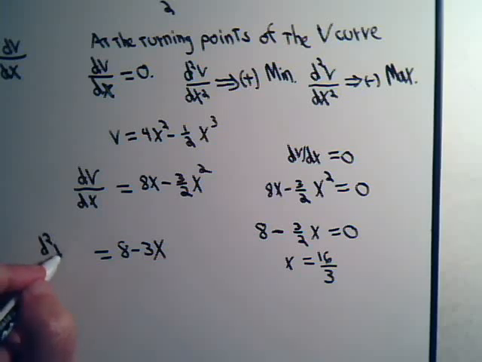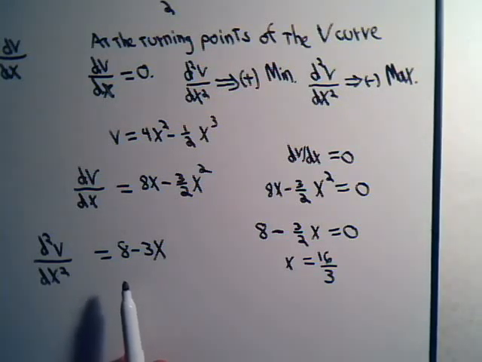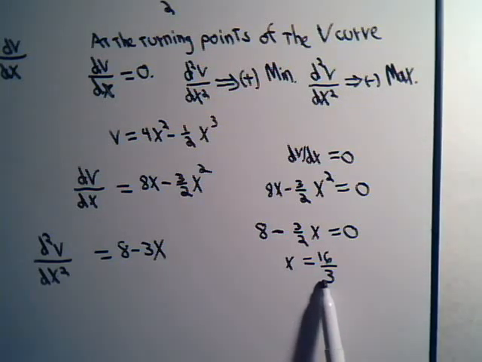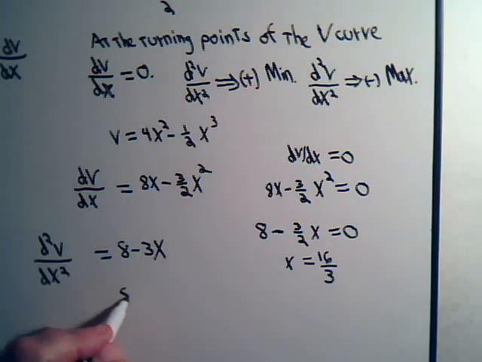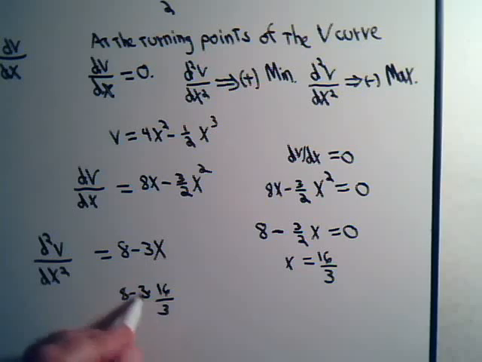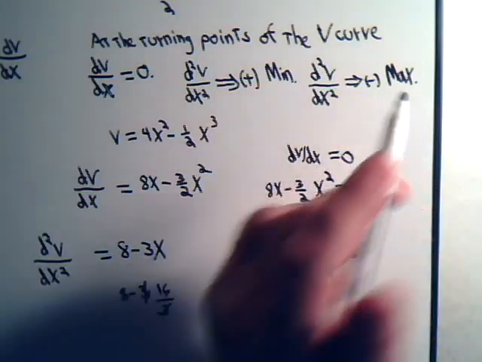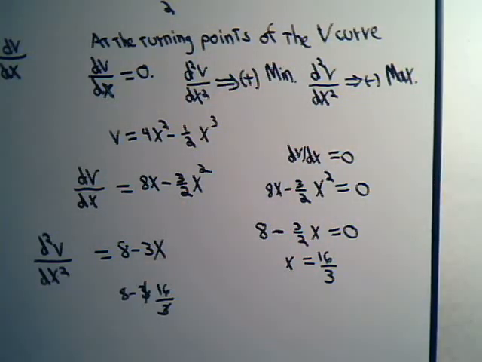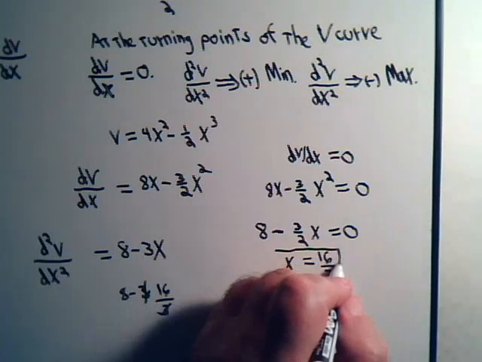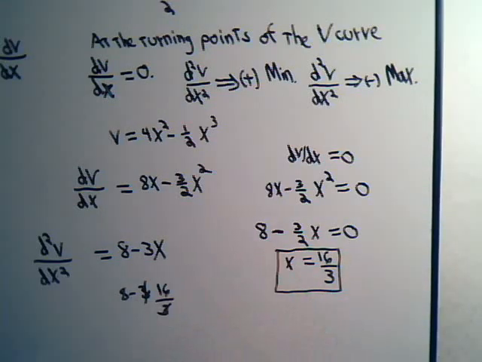So d squared V dx squared equals 8 minus 3x. We're going to let x equal 16/3, so we have 8 minus 3 times 16 over 3. 8 minus 16 is a negative number. That makes it a maximum. So we know then that when x has this value, we're going to get the maximum volume.